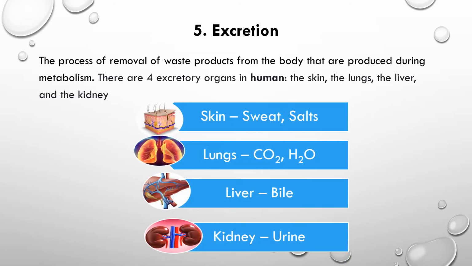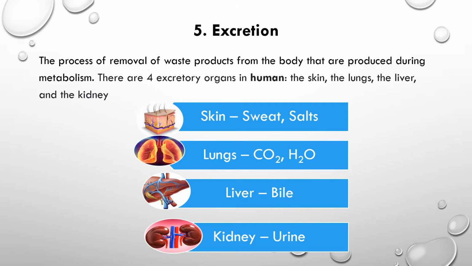kidney. If we consider our skin, it removes sweat as the waste product. If we consider the components of sweat, it mainly contains water and salt, so it removes unwanted water and salt from our body. And when considering lungs, it removes carbon dioxide and water vapor as waste products.